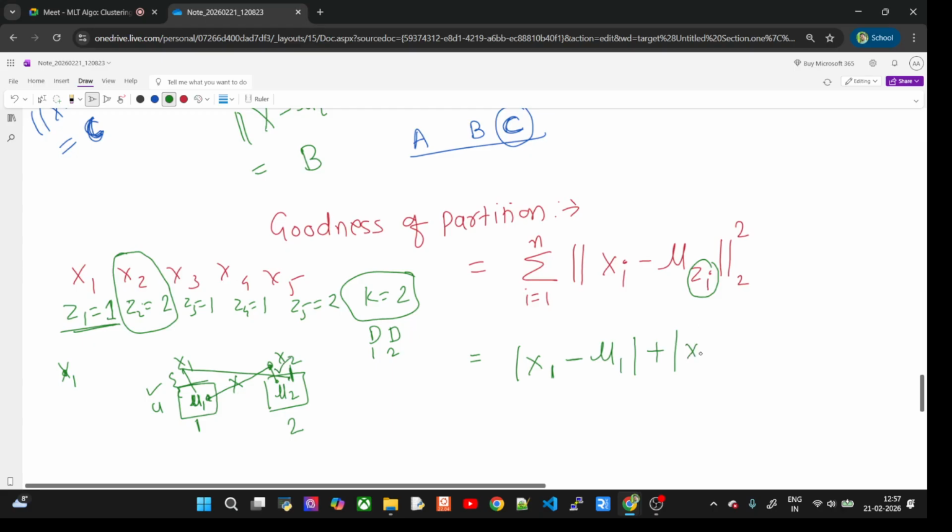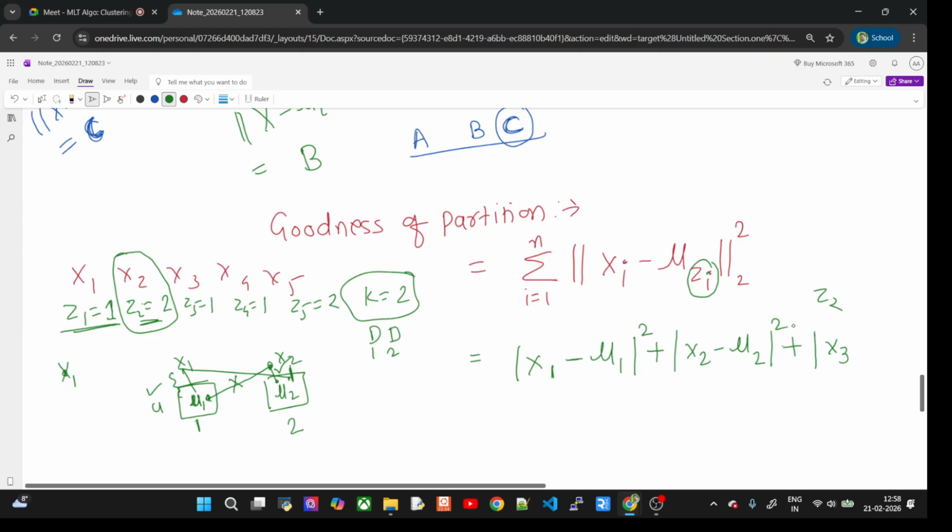So I will write x2 minus, what is z2? Z2 is 2, so mu2. Because it's a summation, I'm adding all these things. Sorry, it should be square.